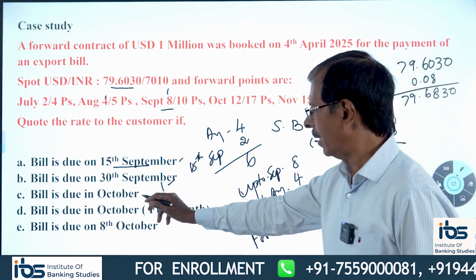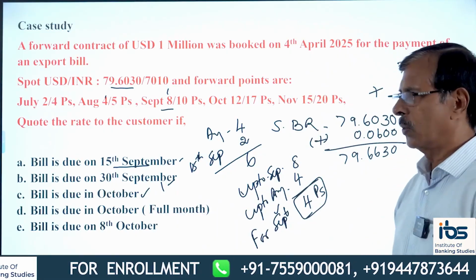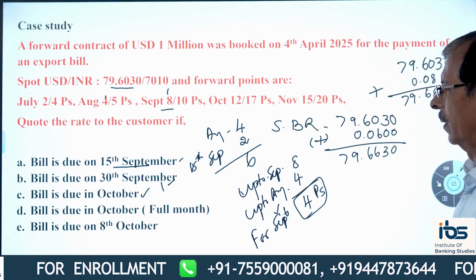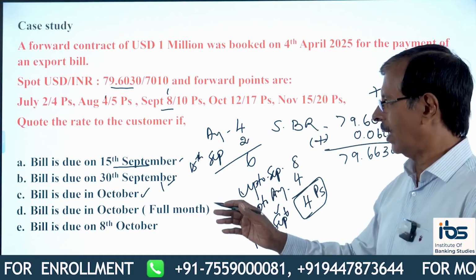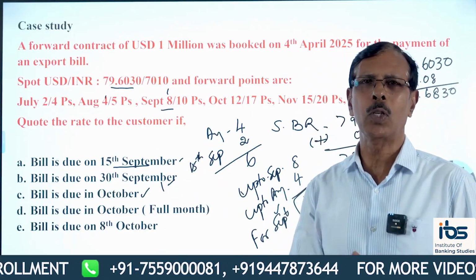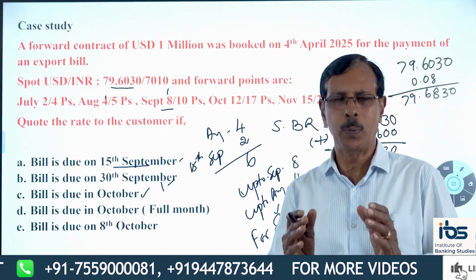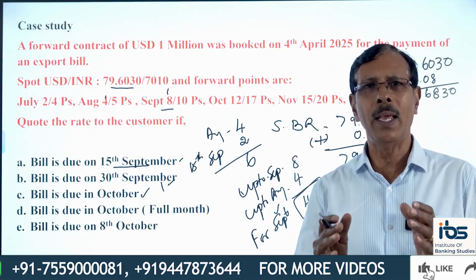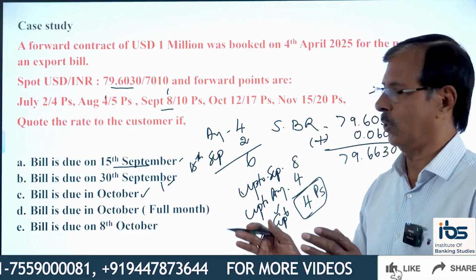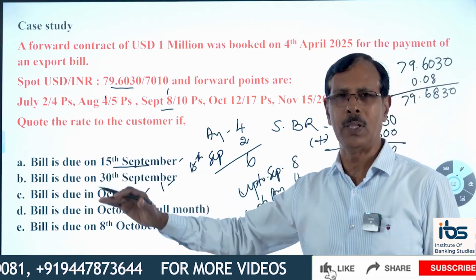Now coming to the third question, that is bill due in October. So bill due in October, it is not similar to the first 2, A and B, because bill due in October means the customer can come and request for putting through the transaction on any day in the month of October. In the first case, the customer can come only on 15th of September.